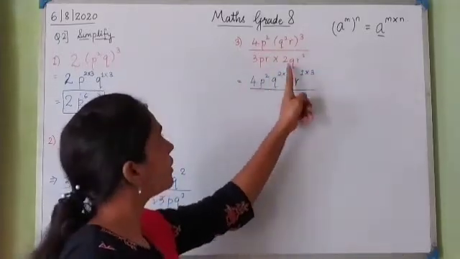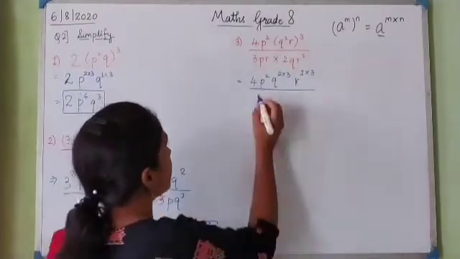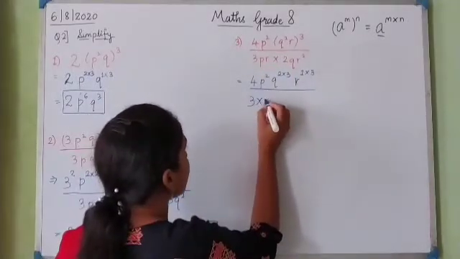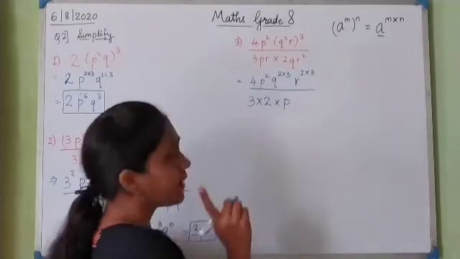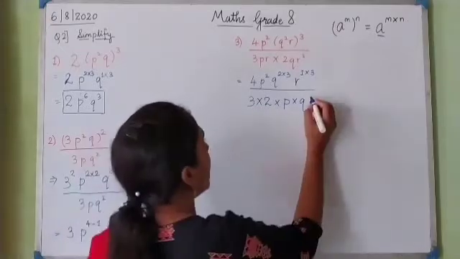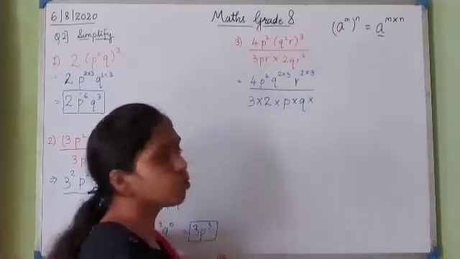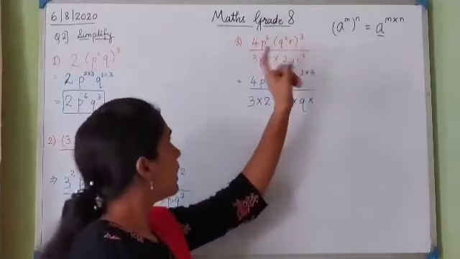So I multiply the constants together and then I write the variables. Okay. So 3 multiplied by 2 I write first, and then I write the p variable. There is only one p variable. Then the q variable, there is only one q variable, and the r variables are 2. Okay. So there is one r here and the other r here.